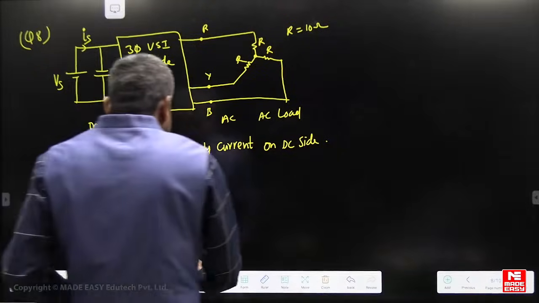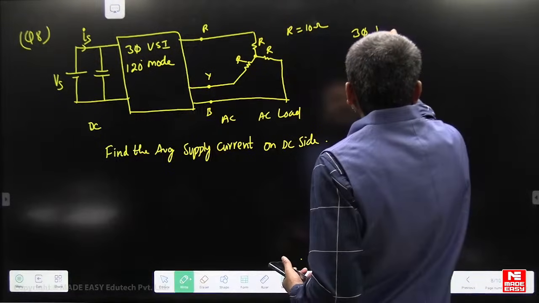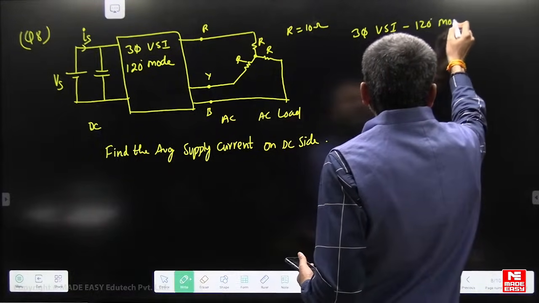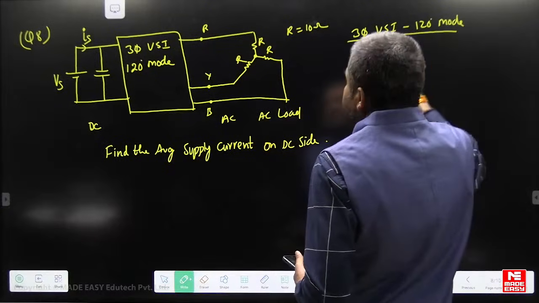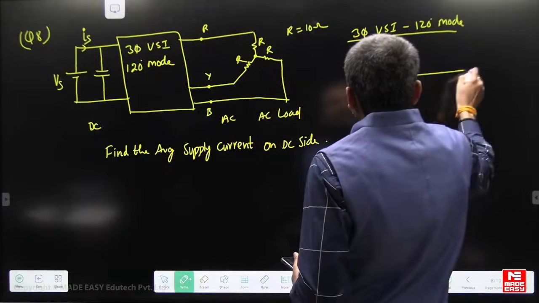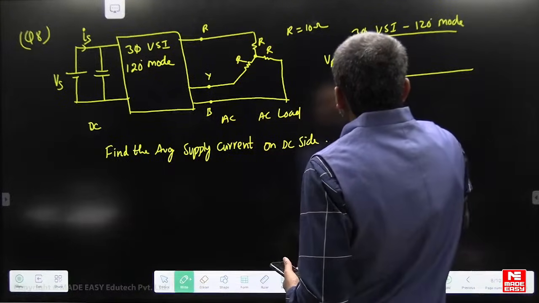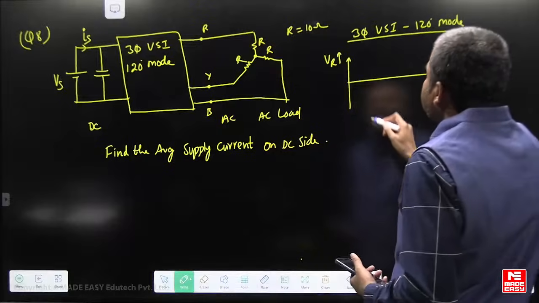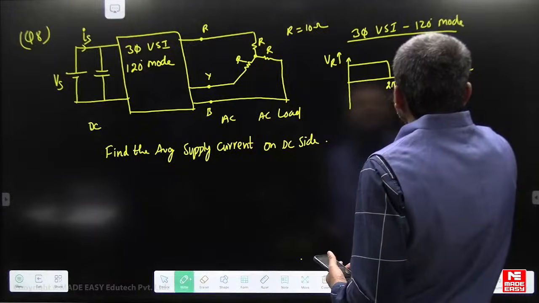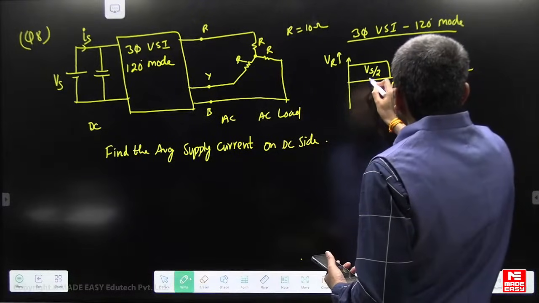So here it is a 3-phase VSI in 120 degree mode. In this case, what is the shape of the R phase voltage waveform? R phase voltage and R pole voltage are the same here. So for the first 2 pi by 3 radians, its magnitude is Vs by 2 volts.